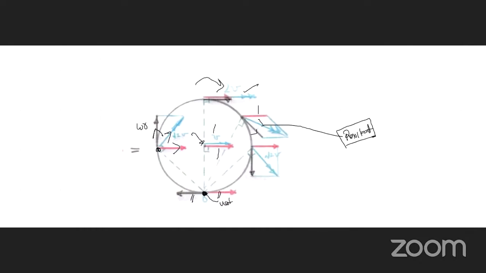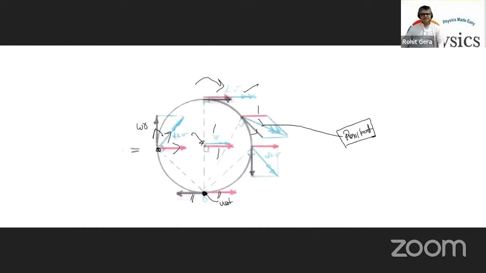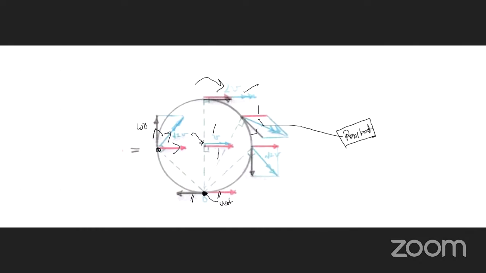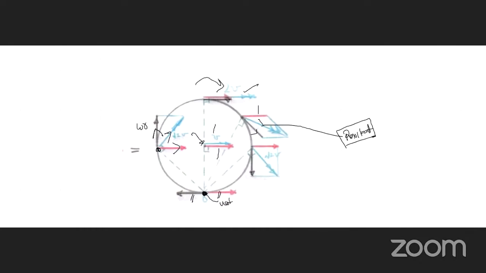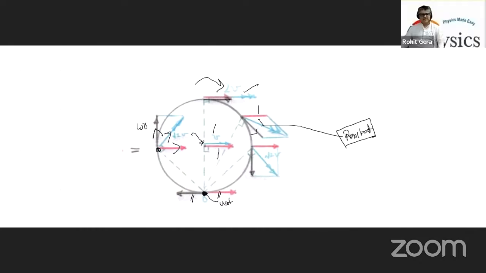Let me see the rotation now. Below it there is rotation. Oh, now it is showing me alpha also. Omega into R. Beta, gamma, V are visible. Let me see acceleration AC.